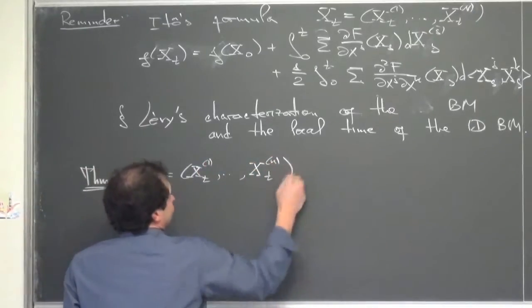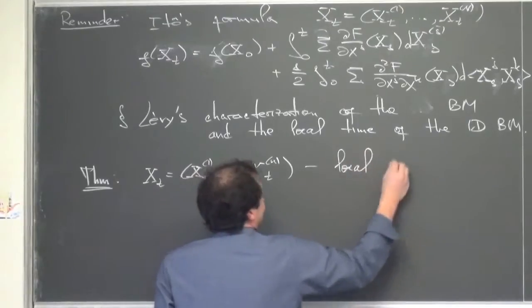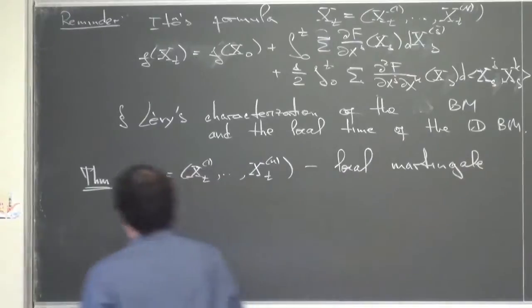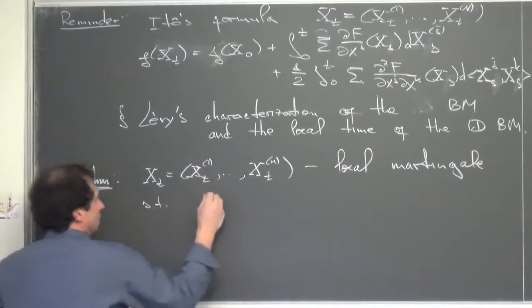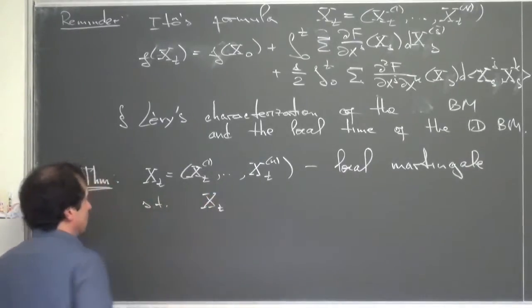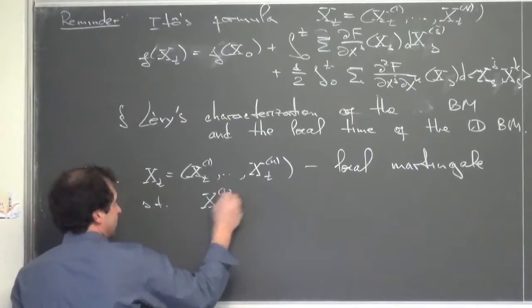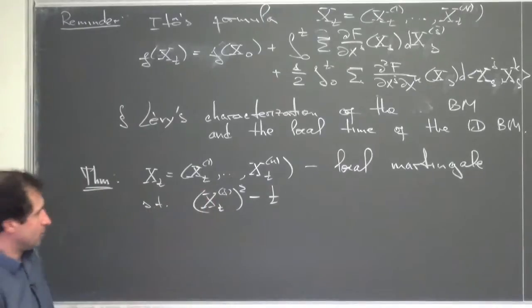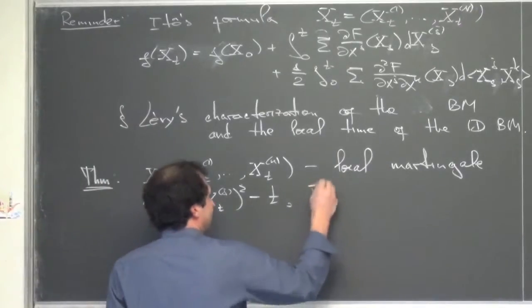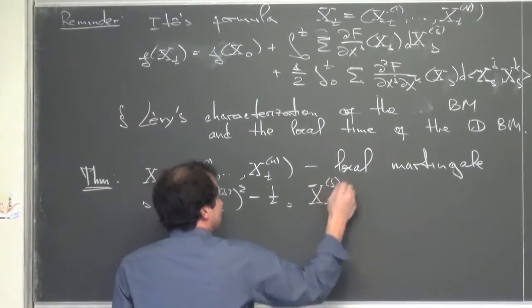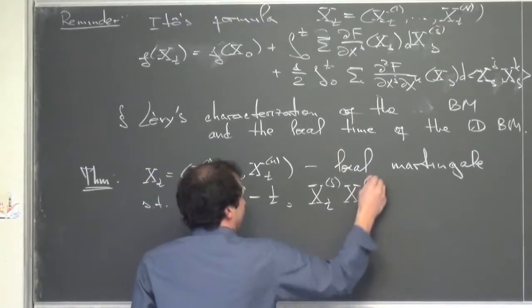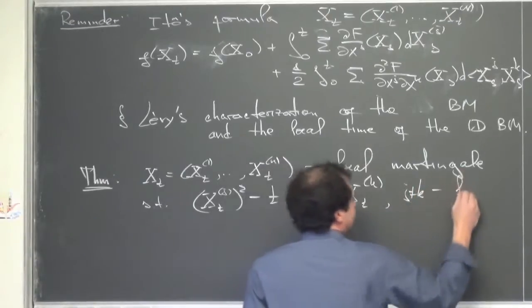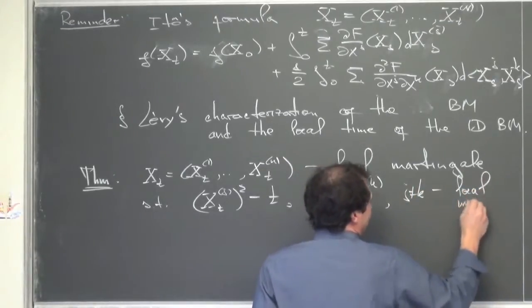This is now a local martingale, such that if I square each of the components and subtract t, this is again a local martingale, and if I multiply two with different indices, this is also a local martingale.